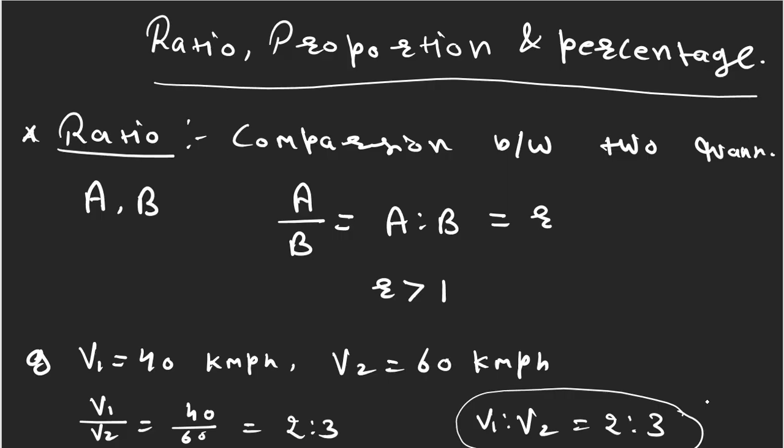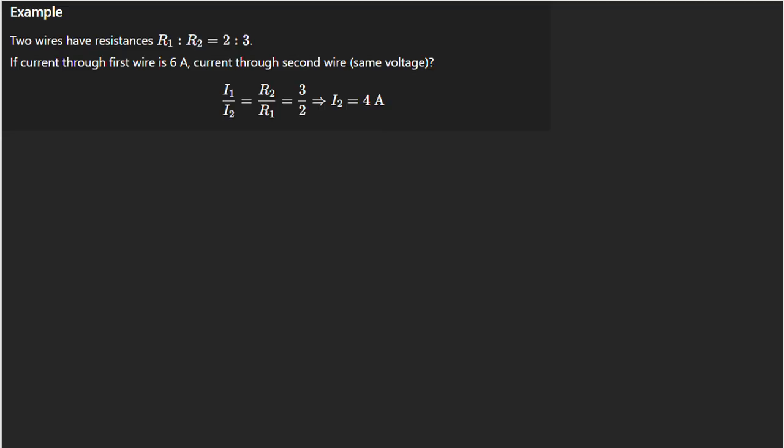Okay. After this, the next thing is proportion. Here we have a question from physics. Two wires have resistance R1 and R2 in the ratio 2 is to 3. I hope you all have seen this question in class 10th electricity. Now they are asking: if current through wire 1 is 6 ampere, meaning I1 is given as 6 ampere, so here we have to use ratio.